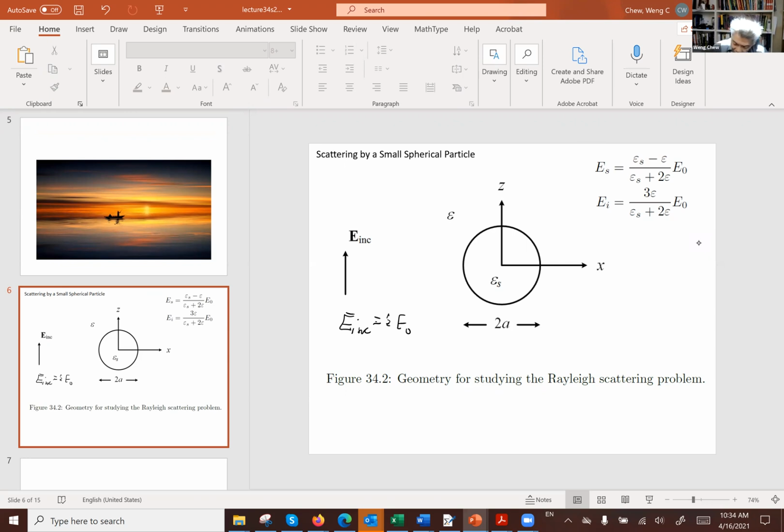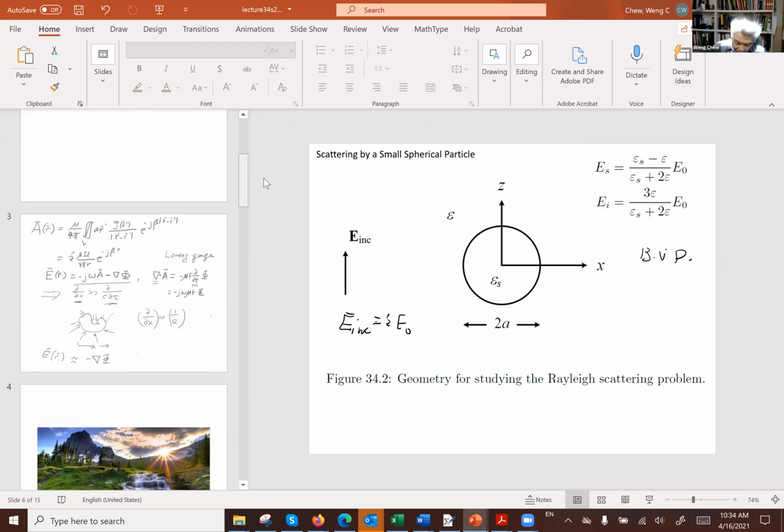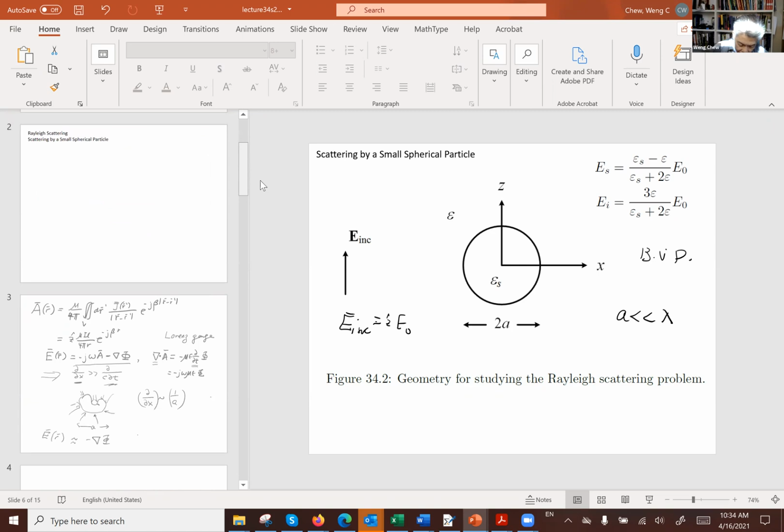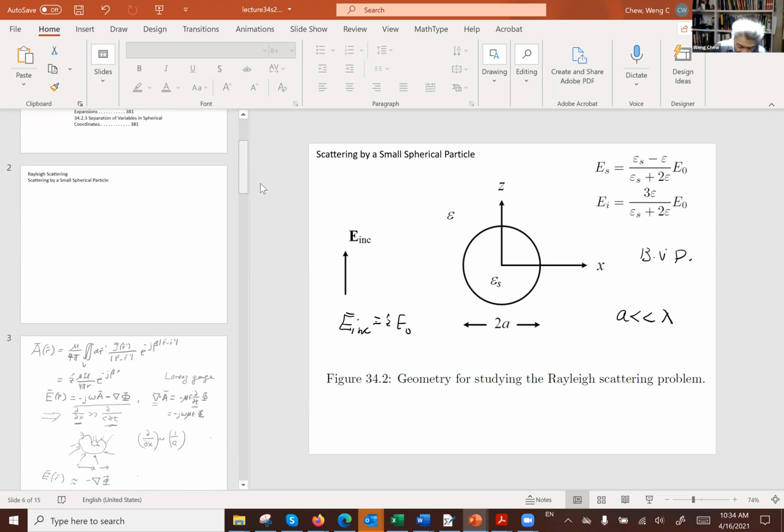And this is a boundary value problem. Okay, and when the particle size is very small compared to wavelength, we can actually use electrostatic theory to arrive at a solution, and we can match boundary conditions to arrive at a solution and so on.